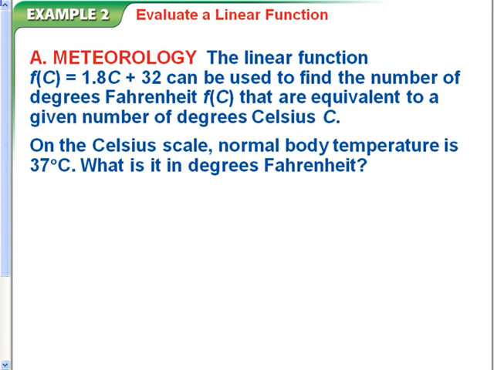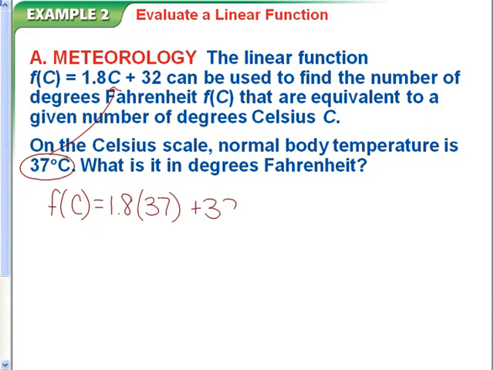Go ahead and hit pause and read through this problem. So what we need to do is change 37 into Fahrenheit. So we're going to take this 37 degrees Celsius and replace it in for Celsius. So f of c is 1.8 times 37 plus 32.